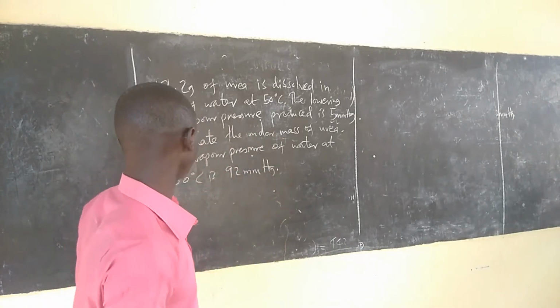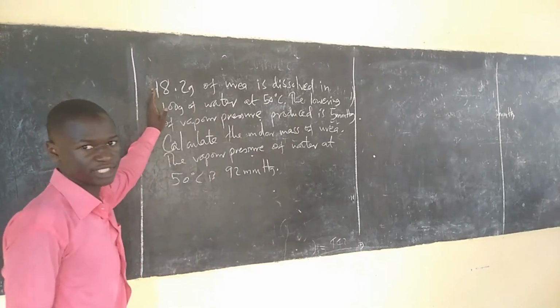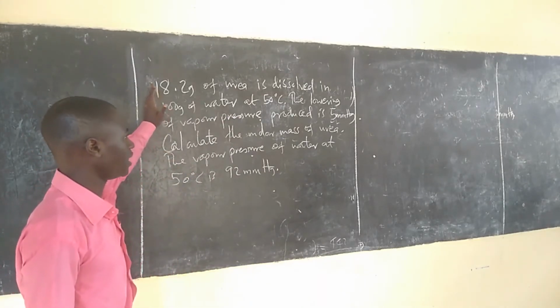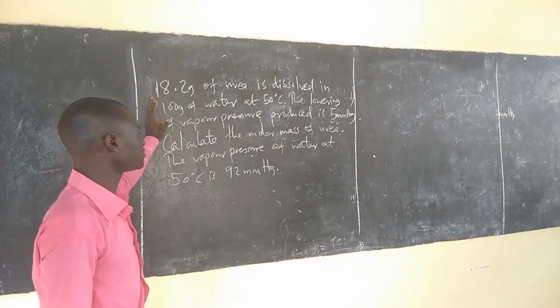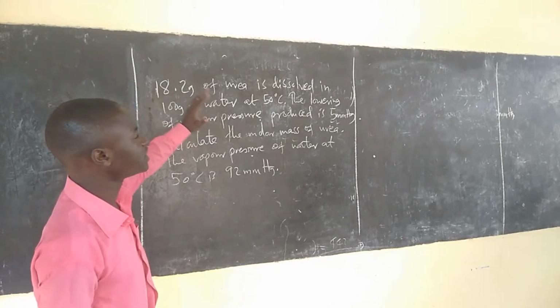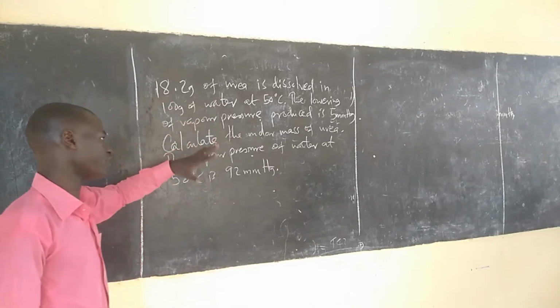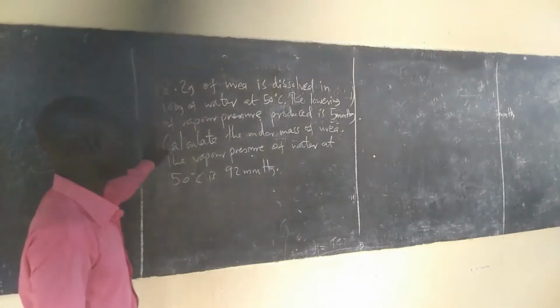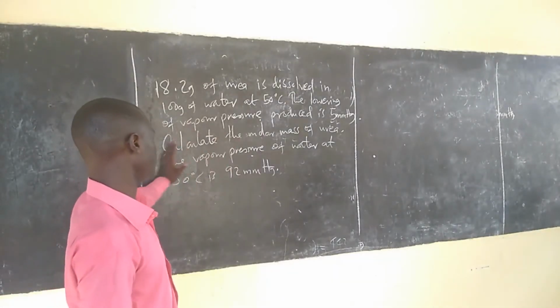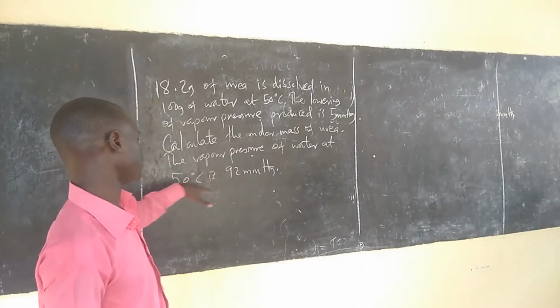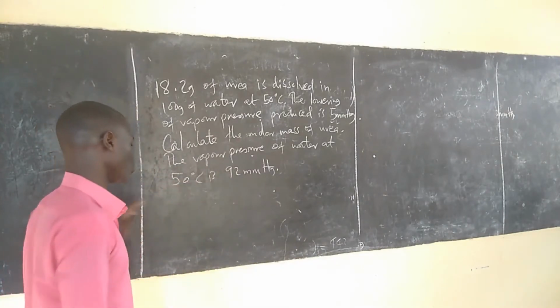So in this question, we are told 18 grams of urea is dissolved in 100 grams of water at 50 degrees centigrade. Then the lowering of vapor pressure produces 5 mm of mercury. Calculate the molar mass of urea if the vapor pressure of water at 50 is this one.